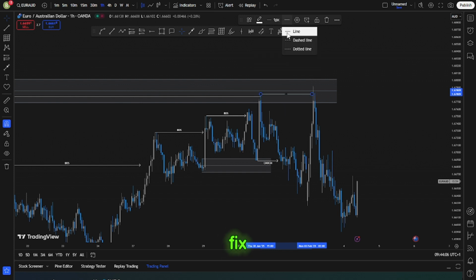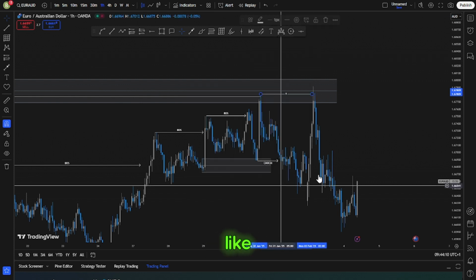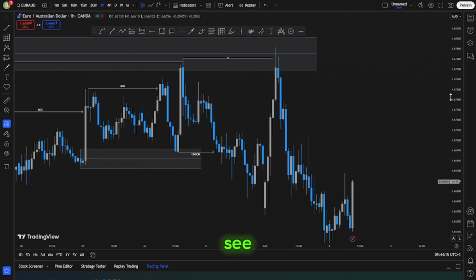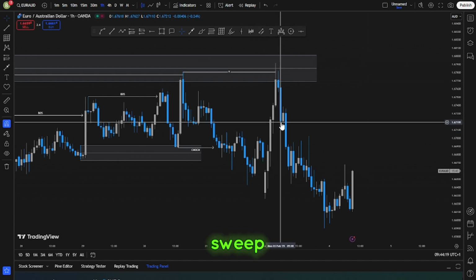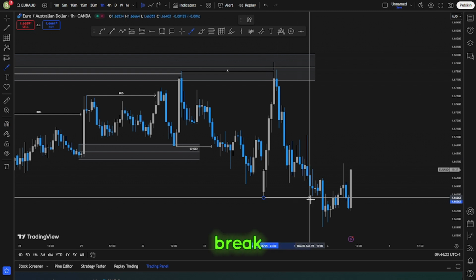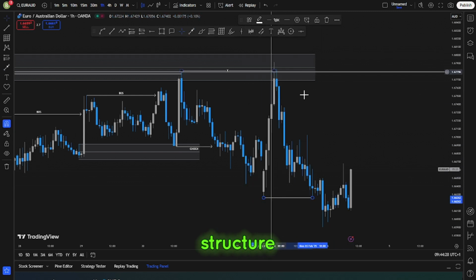Let me just fix this, just because I'm used to using white charts, but I keep them dark at the moment so that I can see the charts clearly, guys. Around here, the sweep, then we pushed to the downside, with a break of structure within this point, a change of character followed by a break of structure.